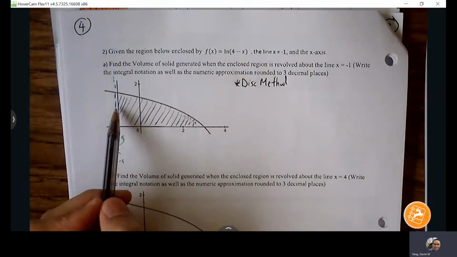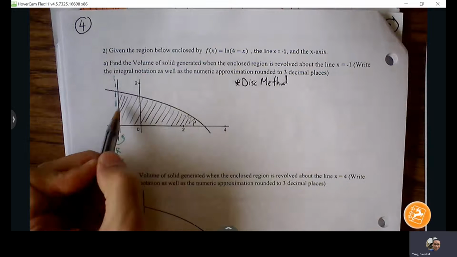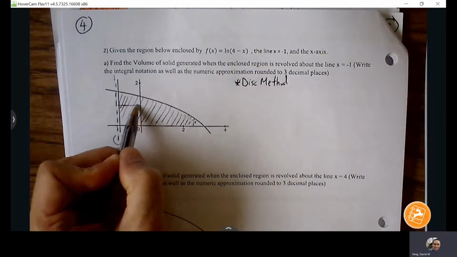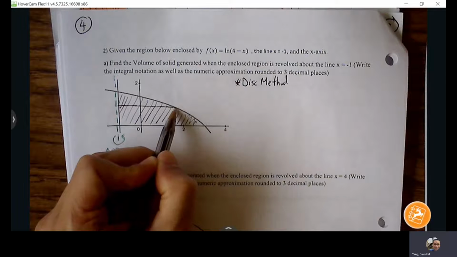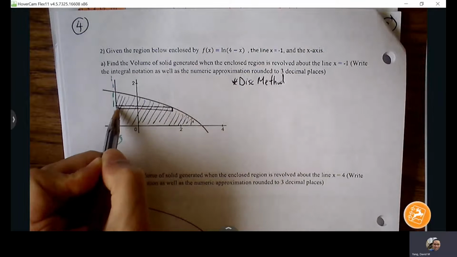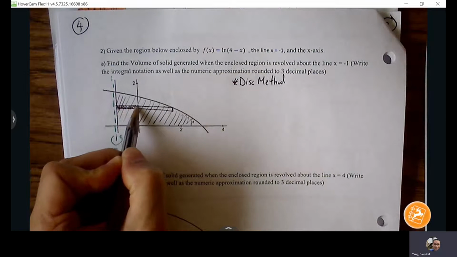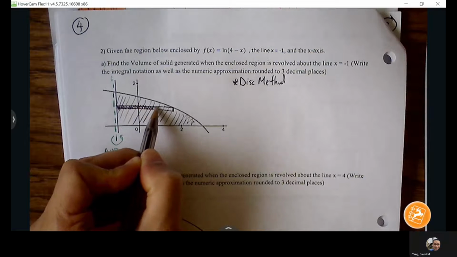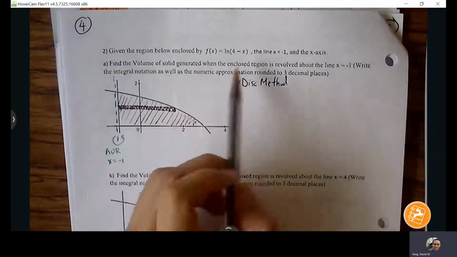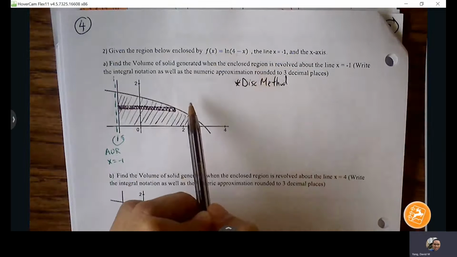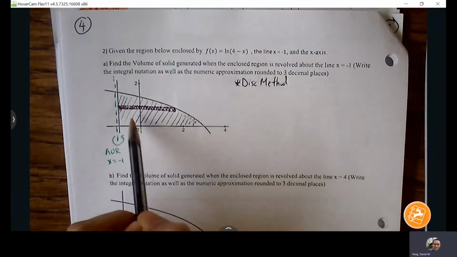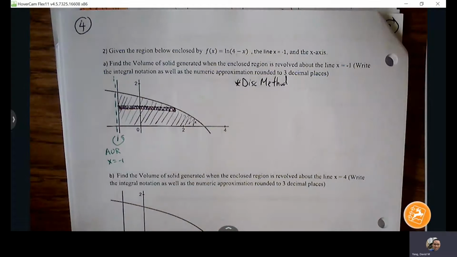A radius is perpendicular to your axis of revolution. Here we see a horizontal radius, right? So we know that there's additional setup work that we have to do. We can't just rely on this equation that they give us, right? We have to adapt it so that we can get it ready for our right minus left.